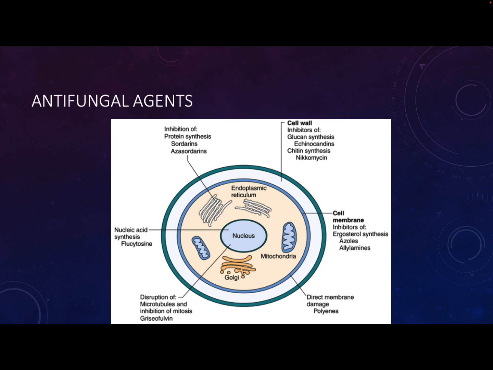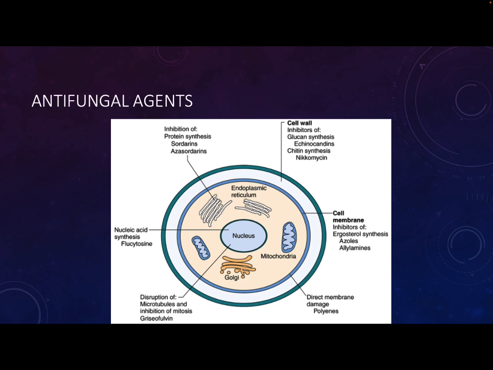It's called ergosterol. And the biosynthesis of ergosterol is a little bit different than the biosynthesis of cholesterol. So two classes of drugs, the azoles and the allylamines, inhibit different steps of the ergosterol biosynthesis pathway. We don't make ergosterol, so that doesn't really affect us. So those are the two best targets.